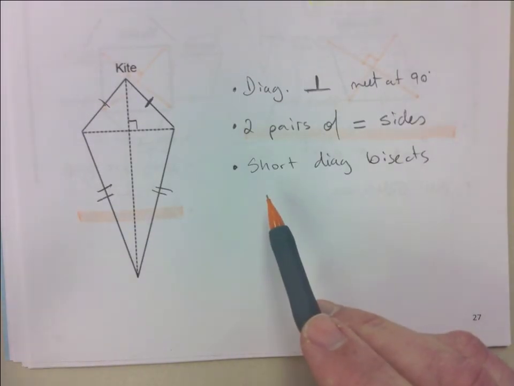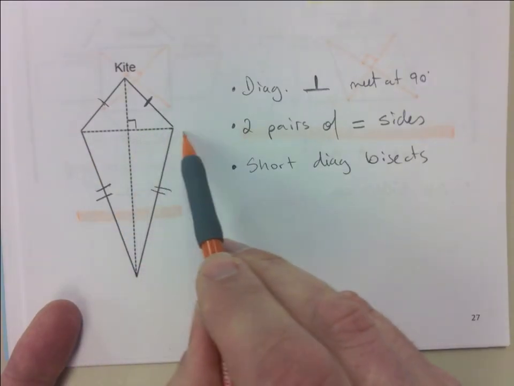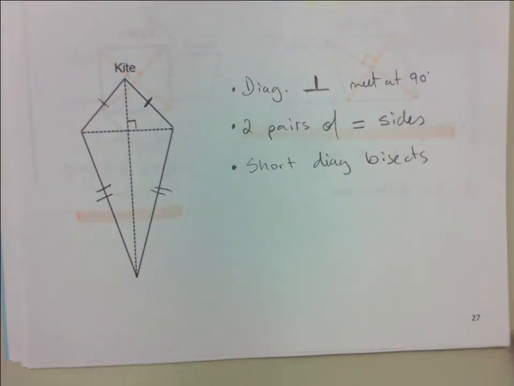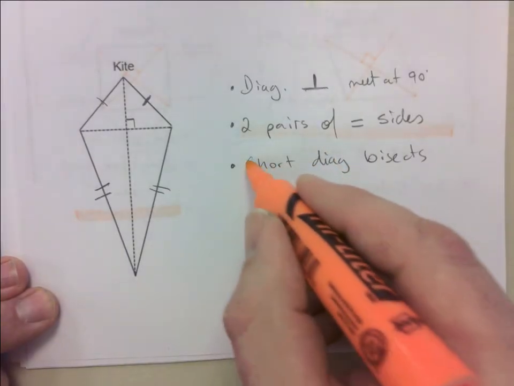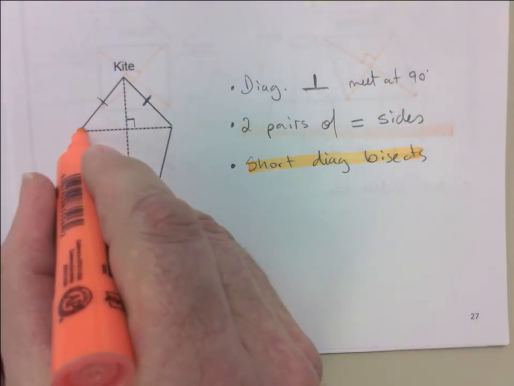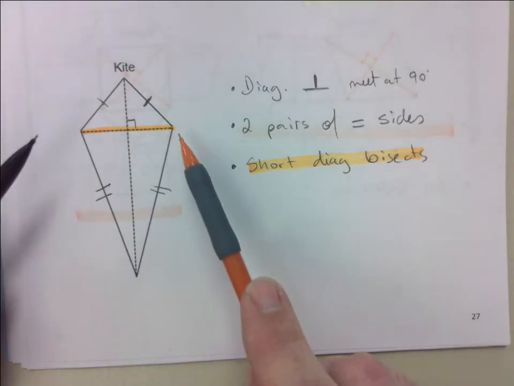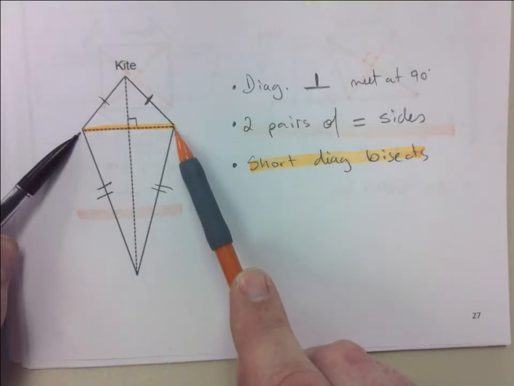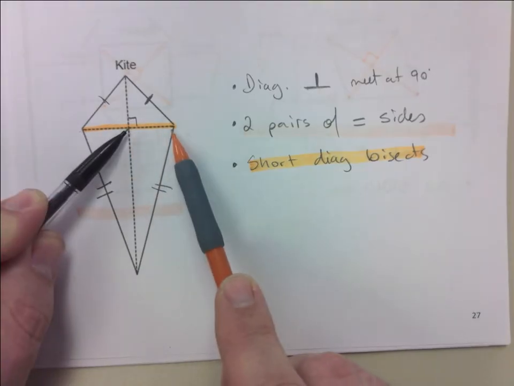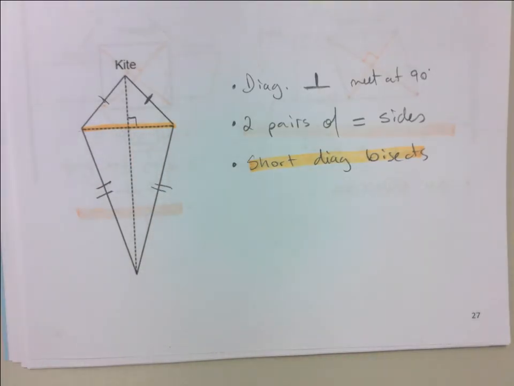What do you mean short diagonal? Which one, Mr. Dirksen? This one here. This one here will bisect. So I will highlight that. There's a long and a short diagonal. So it's that one right there. Cuts in half. So if it's across 10, then we know that half of it is 5, half of it is 5. That's what they're telling us.